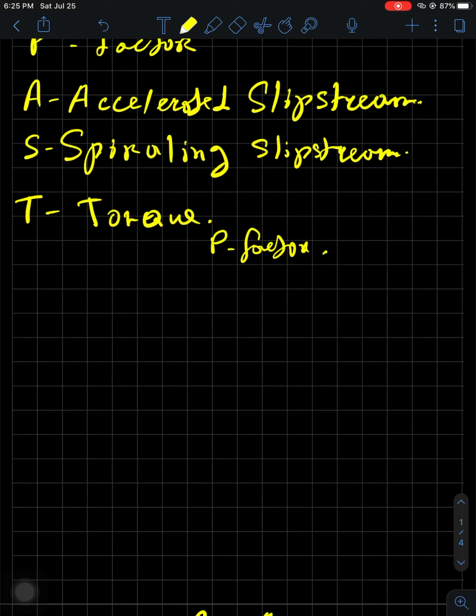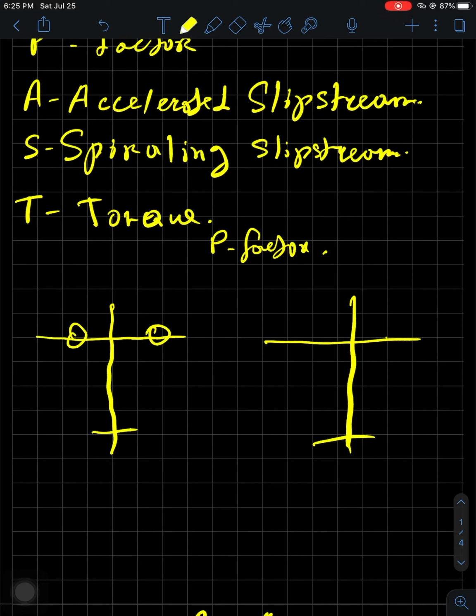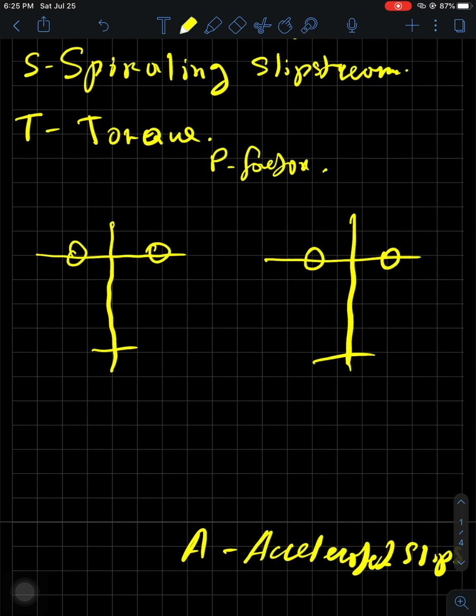Number one is P factor. Let's start with the P factor and draw the plane here. Both engines are operating for now, and one aircraft on the right, engines are operating. P factor, I'm just going to quickly draw.